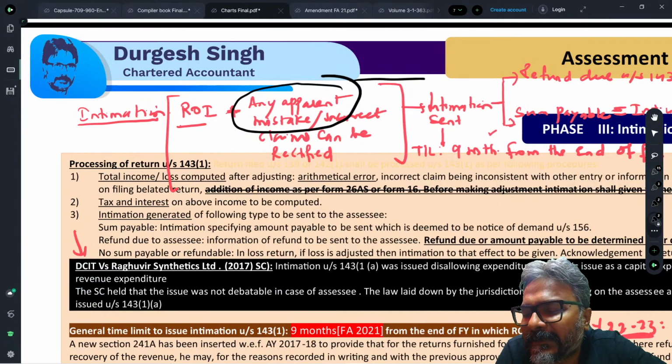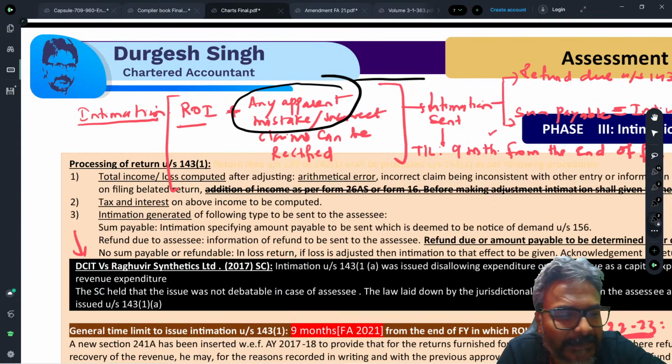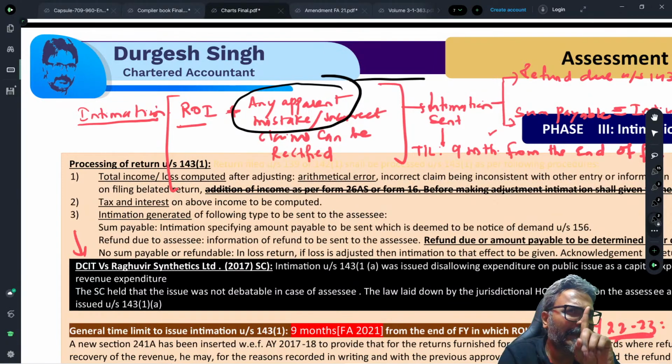And because it has an apparent mistake, the rectification of such apparent mistake becomes mandatory. Will that become mandatory? The answer is yes. So the rectification of that apparent mistake becomes necessary by the assessing officer. So please be very careful.